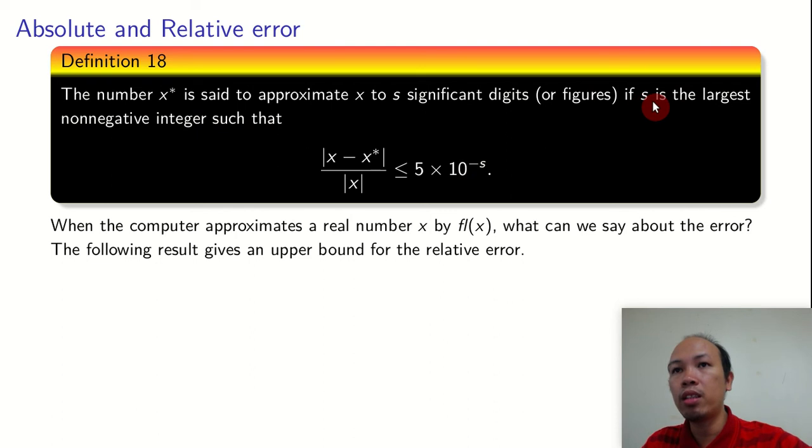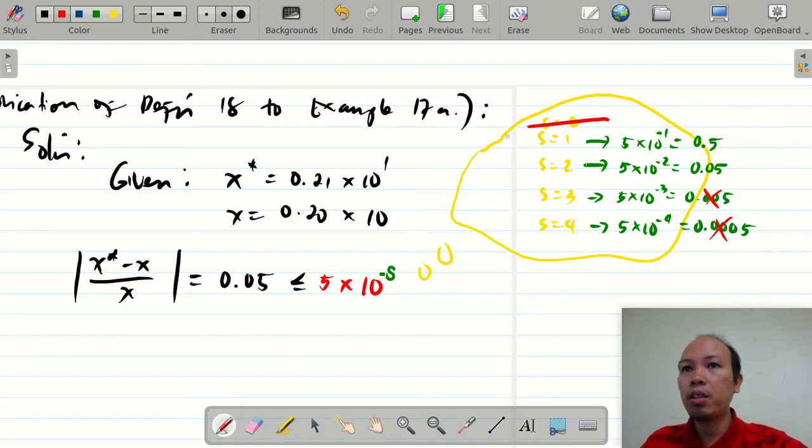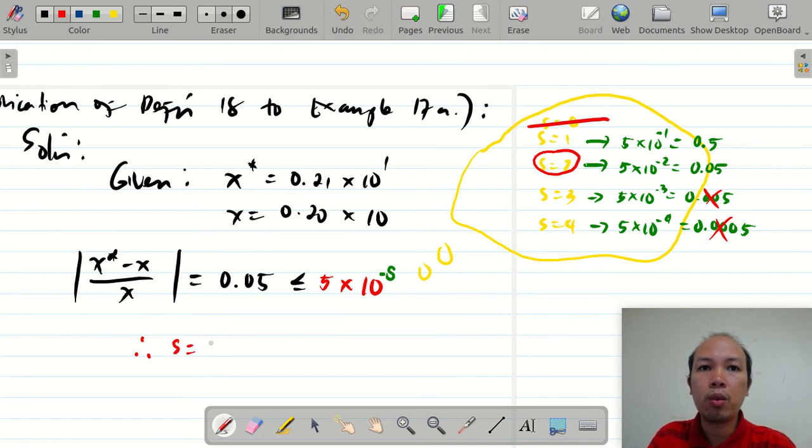So between s is equal to 1 or s is equal to 2, the largest is s is equal to 2. Therefore our s is equal to 2.